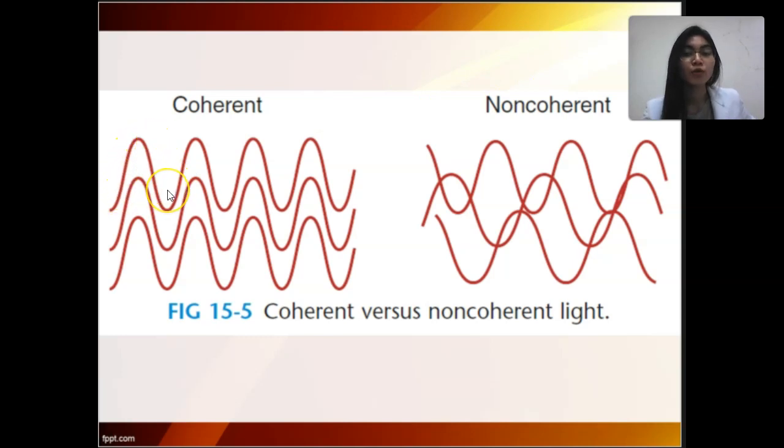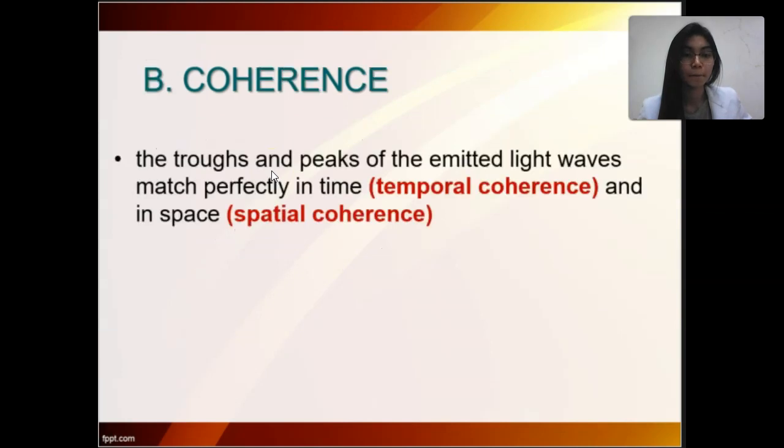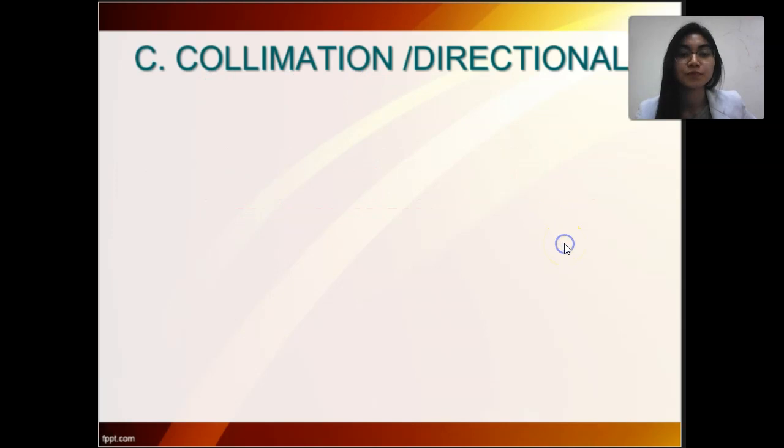It means both in time and in space, the waves are in sync. That's the coherence we are talking about, and that is a characteristic of laser. So it has both temporal coherence and spatial coherence. There is timing, and in space, the produced or emitted light waves match perfectly.